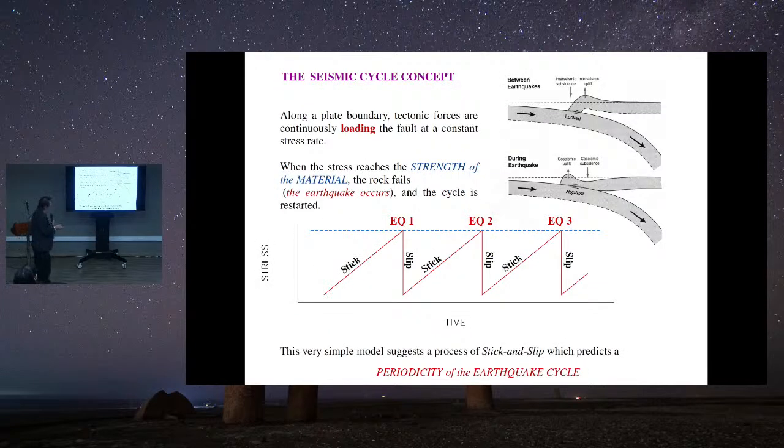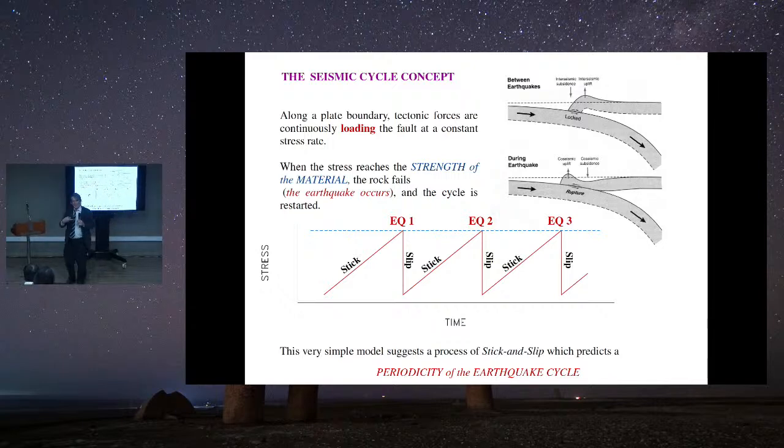We can start with this model, which is very simple again, of the loading of a stress here, the locking of the interface, and then at some point it snaps, there is the rupture. A very simplistic argument, which is perfectly true on geological times, hundreds of thousands of years or so, is that you load and it sticks and you slip, and it sticks and it slips.